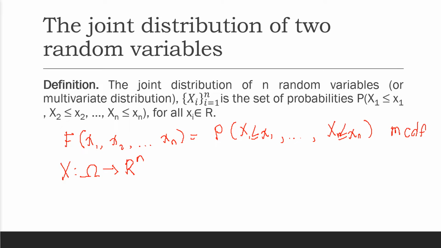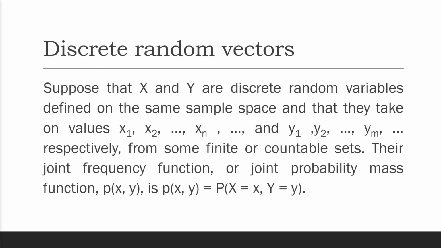Similarly, random matrices can be defined as a mapping of the sample space onto the real numbers with n by m dimension, or matrices with random components. Okay, so let's talk about discrete random vectors.